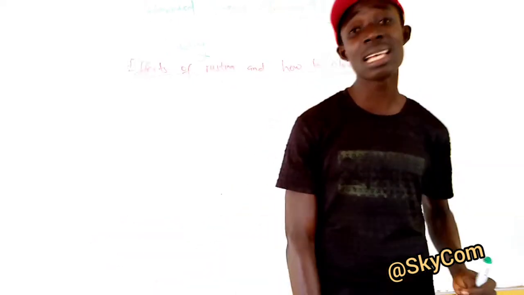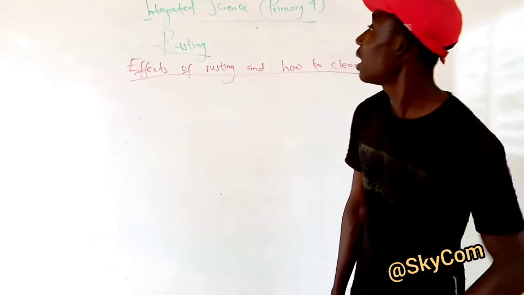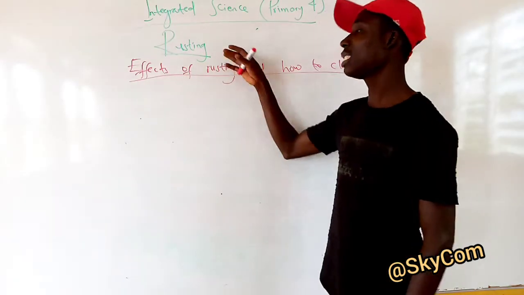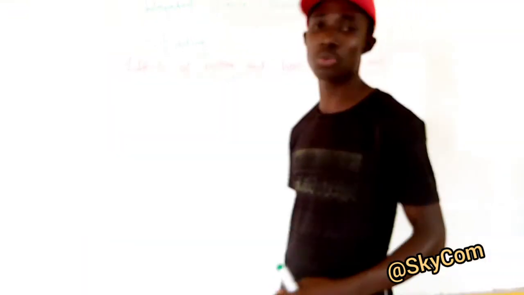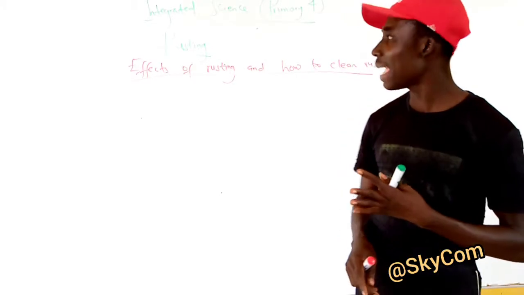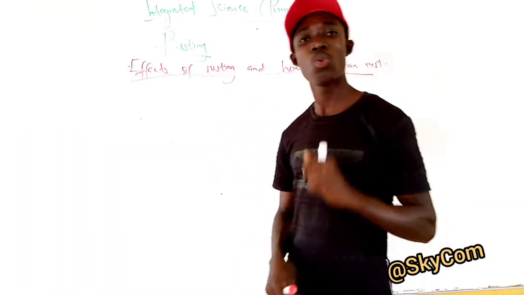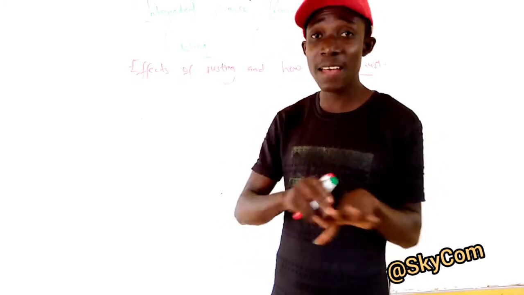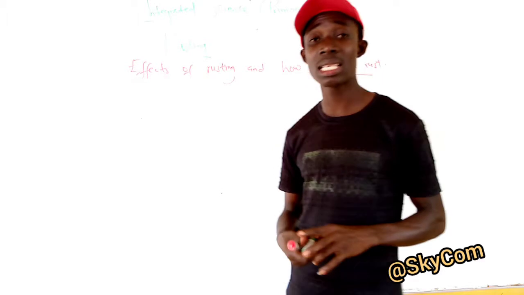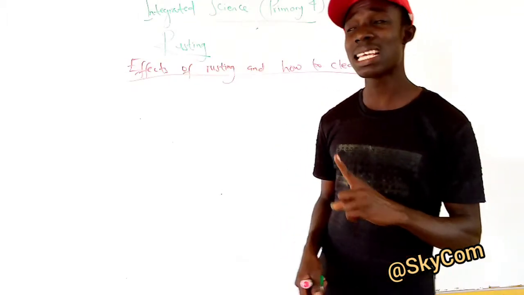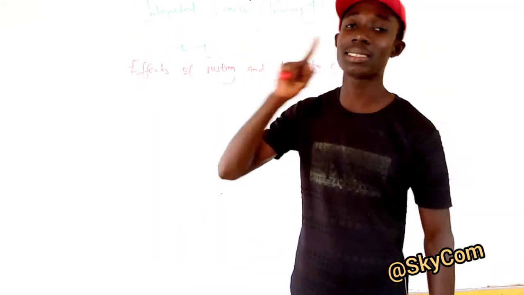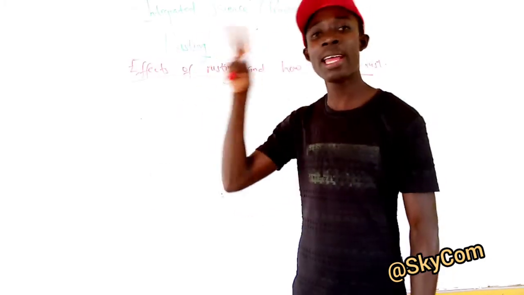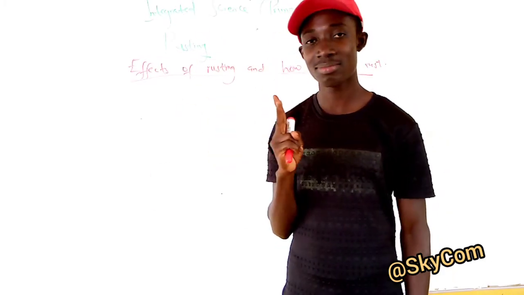You're welcome to another science lesson. We are going to continue our rusting. In our previous lesson, we talked about what rusting is and what actually causes things to rust. We said that rusting is when the surface of an iron becomes dull brown when it is exposed to air and water.